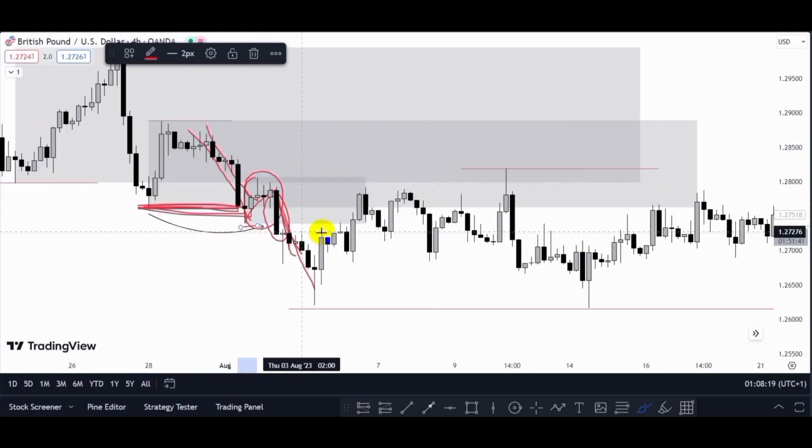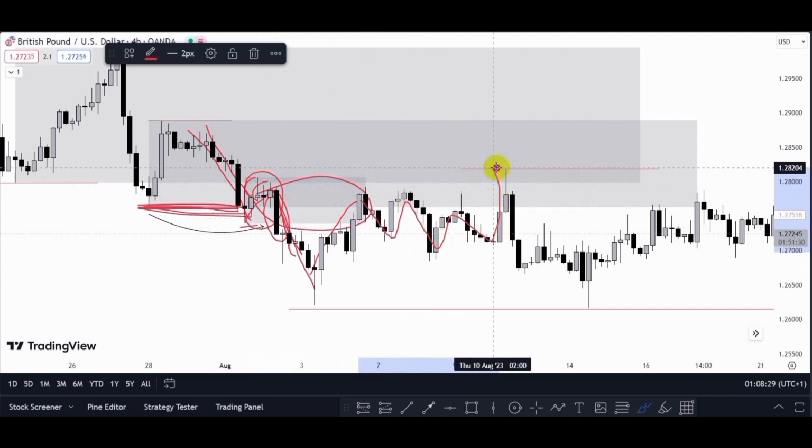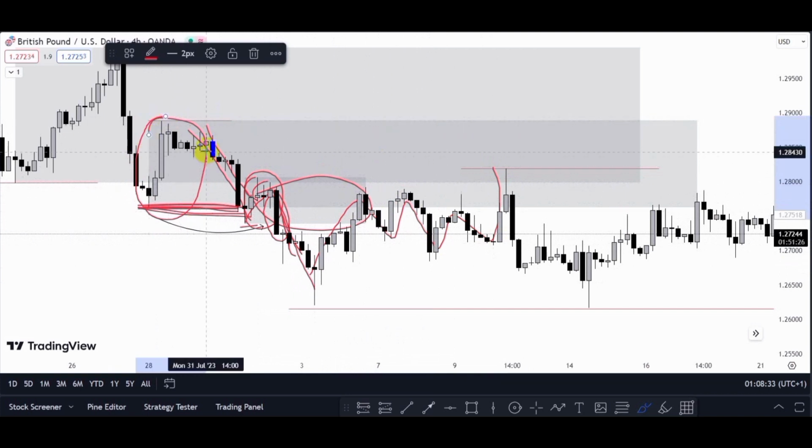So we now see price return to mitigate this institutional order flow, and then we see price ranging, and then price came up to mitigate our actual institutional order flow, the move that took out the sell side liquidity.